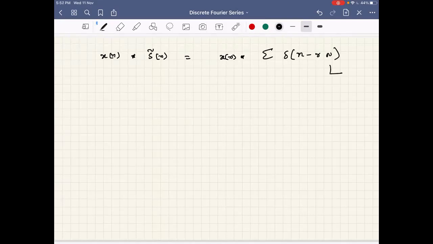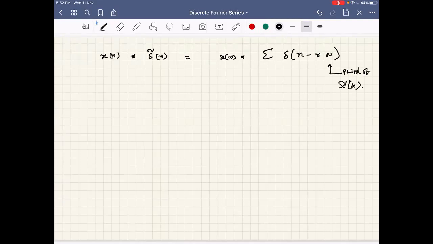Where has this N come from? From the period of x tilde of k. Because there are N distinct frequencies in the representation of x tilde of k, we have got this N. And where has this function s tilde of n come from?